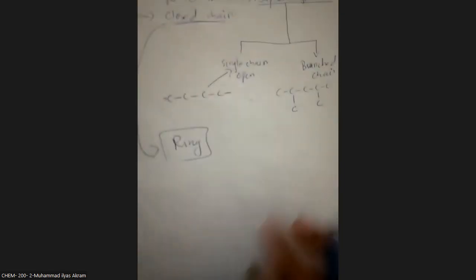What are closed chain hydrocarbons? The hydrocarbons that are in the form of rings, also called closed hydrocarbons, and they may be homocyclic or hetero.